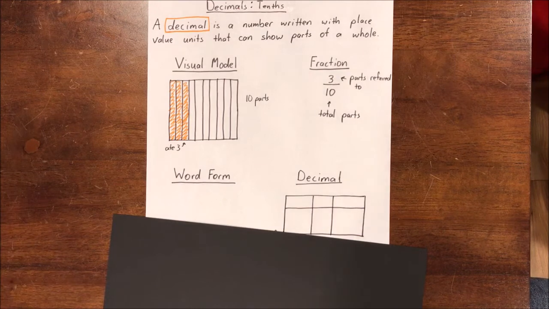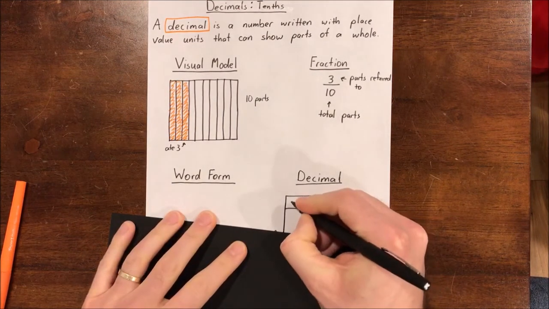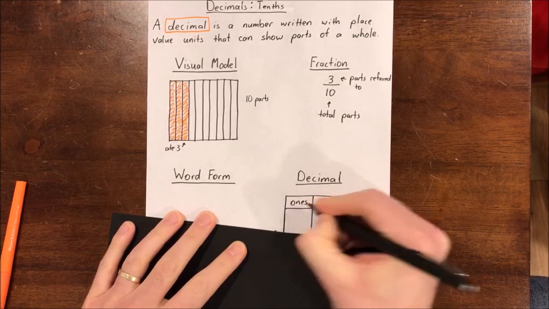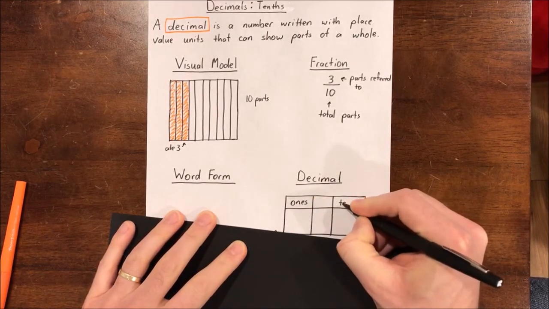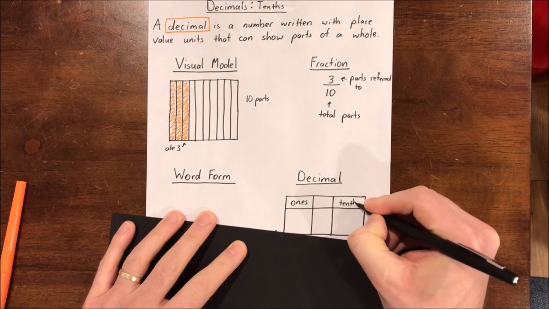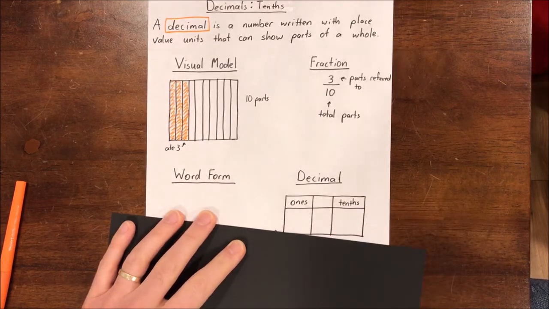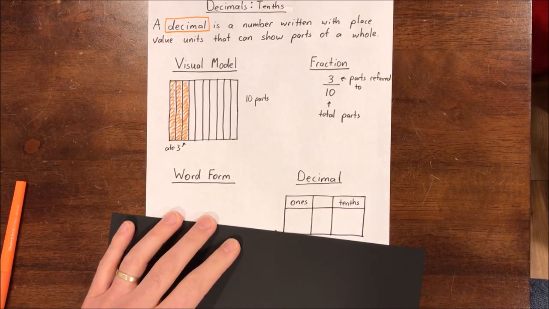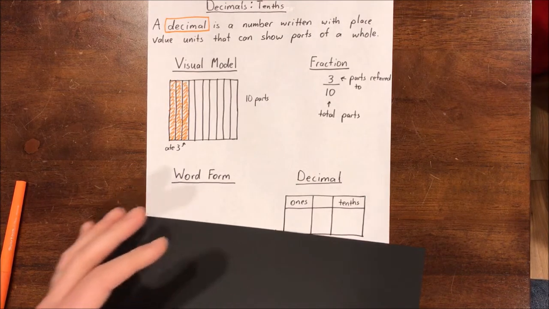So I'm going to go ahead and add that to our place value chart. So we've got ones, and then this place is the tenths place. Why is it called the tenths place again? Say it out loud.